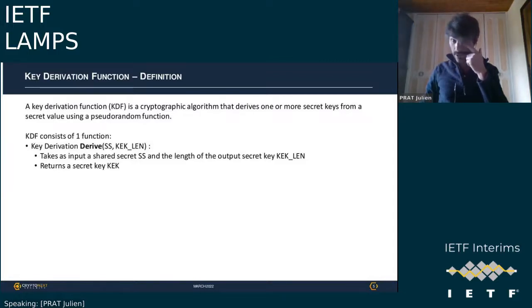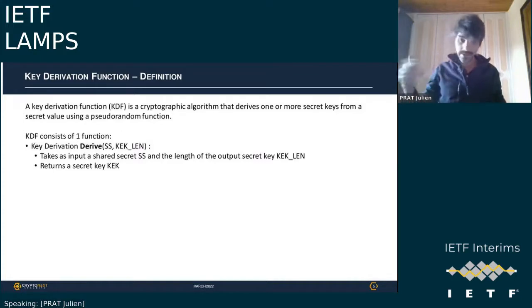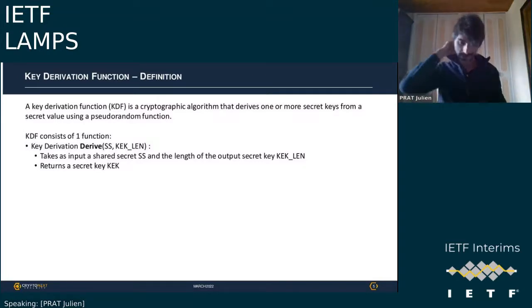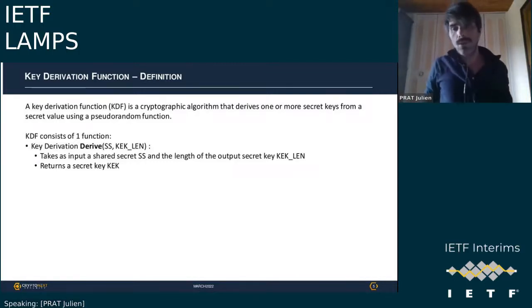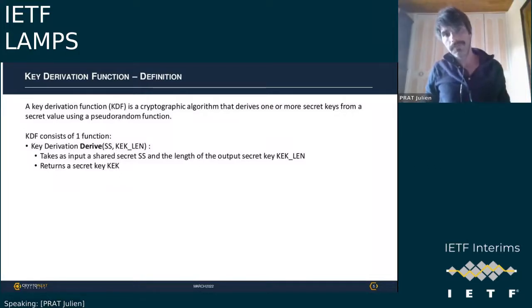It consists of only one function taking as input a data and a size, and outputting new data of the size defined as input. And the next algorithm that we will need is the wrap algorithm, which is defined on the next slide.